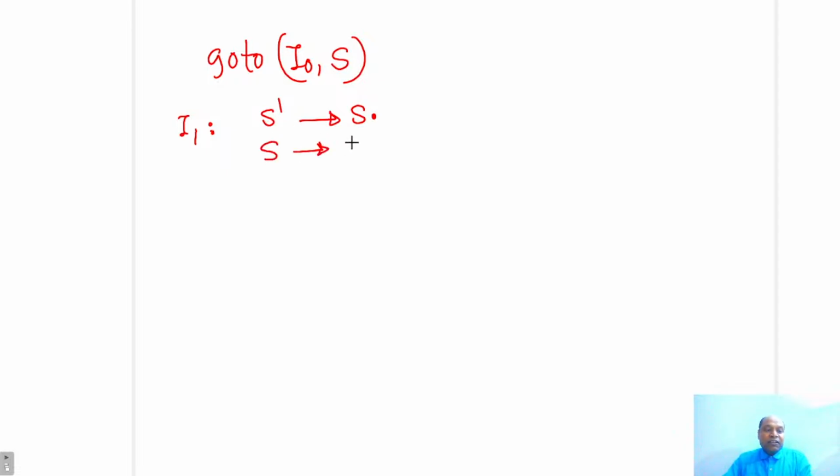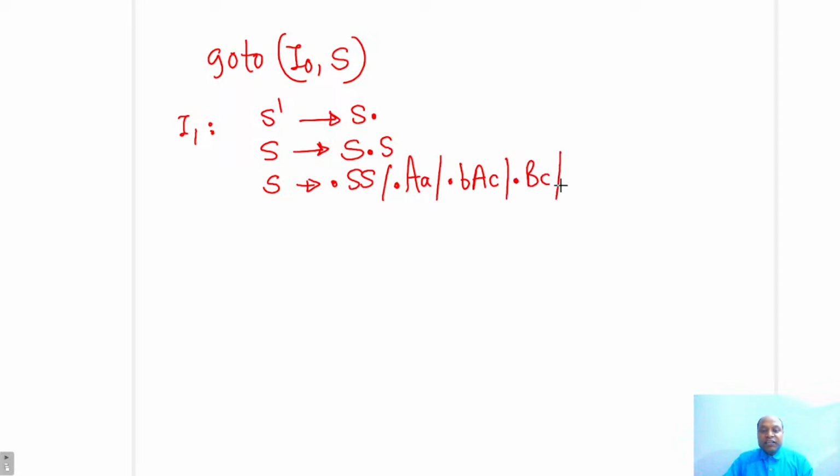Again the dot is encountered before a non-terminal, so we will get S production dot SS, or dot capital A small a, or dot small b capital A small c, or dot capital B small c, or dot b b a.